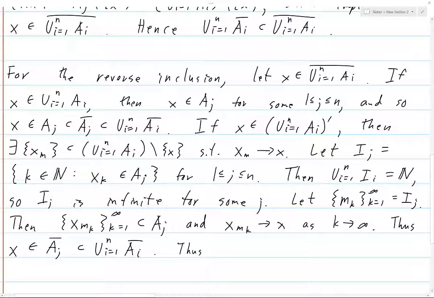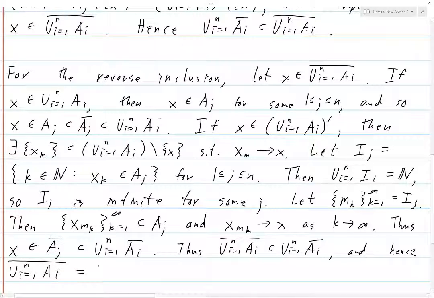Thus, the closure of the union from i equals 1 to n of ai is contained in the union from i equals 1 to n of the ai closures. And hence, the two are equal.